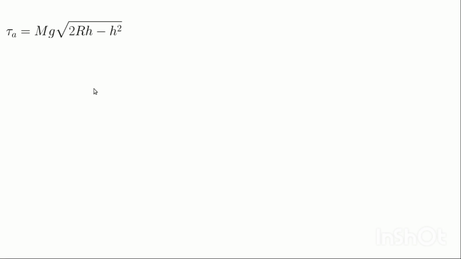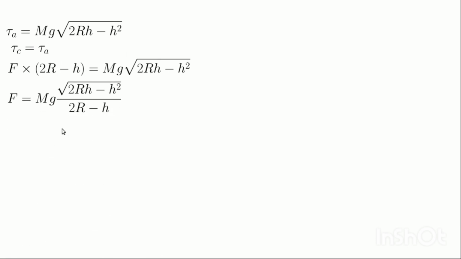At equilibrium, we notice that the anti-clockwise torque TA and the clockwise torque TC must be equal. So we have TC equal to TA. The next thing we do is to bring out the expressions for the clockwise and the anti-clockwise torques. Making F the subject, we have this expression.